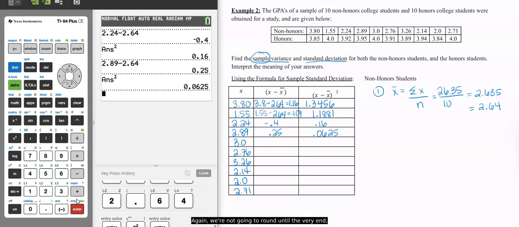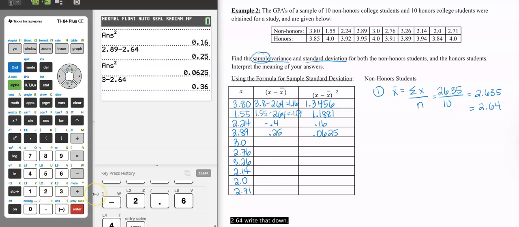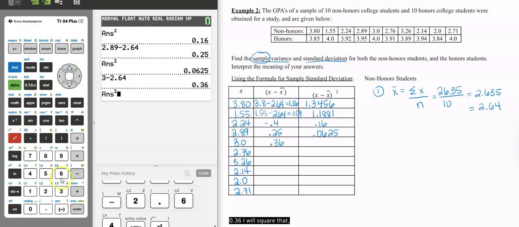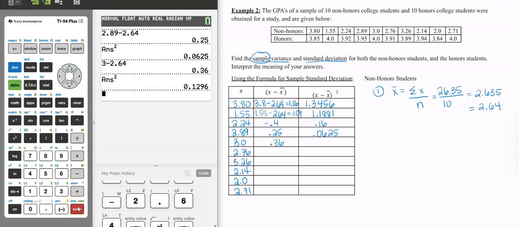Again, we're not going to round until the very end, so we want to keep all those decimal places. 2.64. Write that down, 0.36. I will square that. So 0.1296.